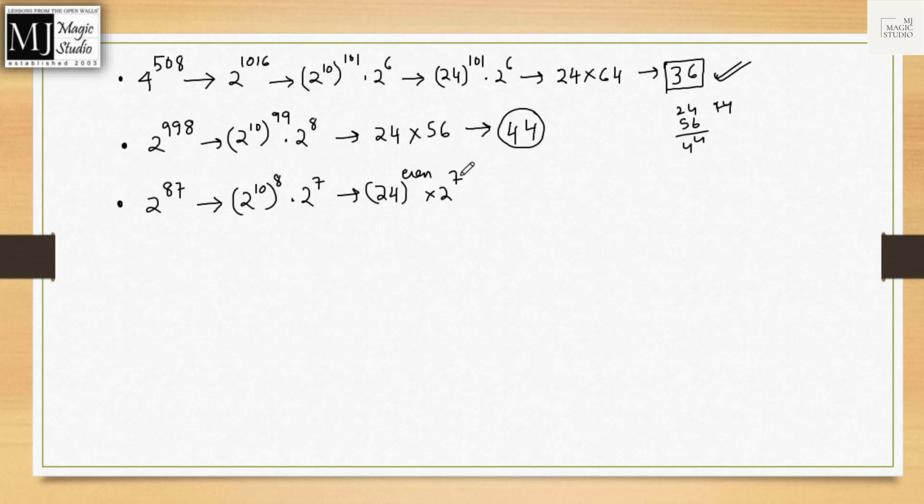And 24 raised to the power even will end up in last two digits 76. So we are getting 76 into 2 to the power 7. Now we know one more thing, that last two digits of 76 into 2 to the power k is simply last two digits of 2 to the power k. 2 to the power 7, last two digits is 28.